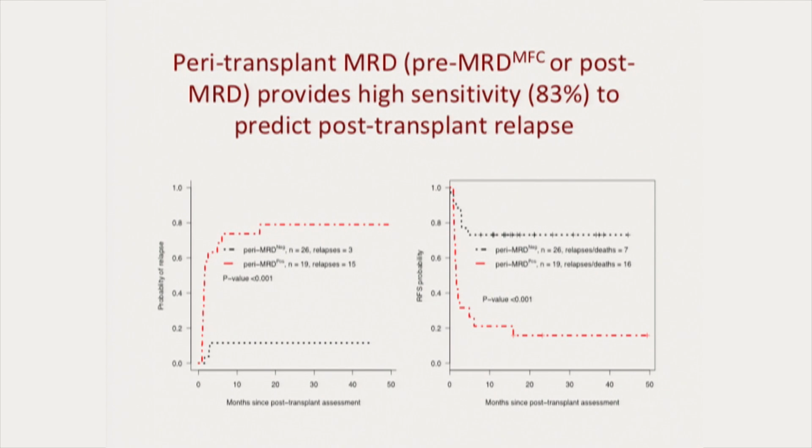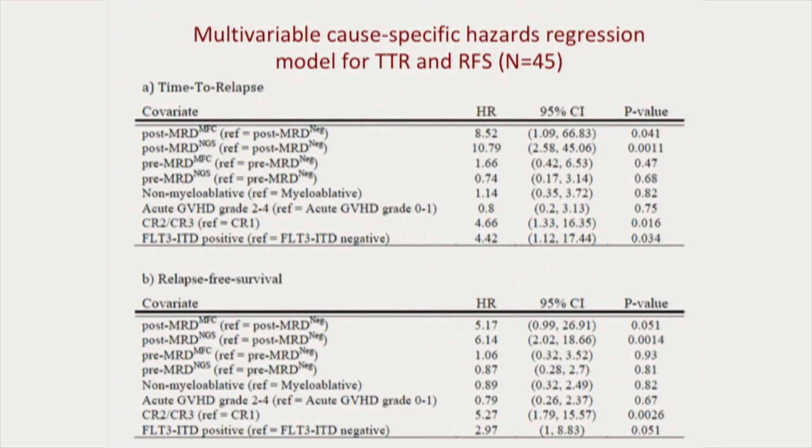Adding together, combining the pre-transplant MRD detected by flow and the post-transplant MRD, the test provides a high sensitivity to predict post-transplant relapse. In this study, we showed 83% sensitivity, identifying 15 out of 18 patients who relapsed with a complete study. And in the multivariate analysis, the post-transplant MRD, either flow or NGS, is the significant risk factor.